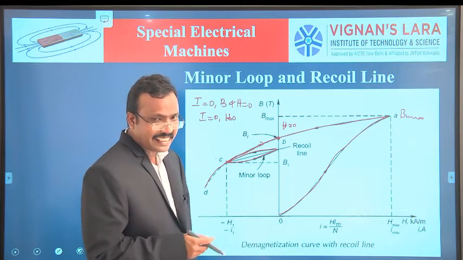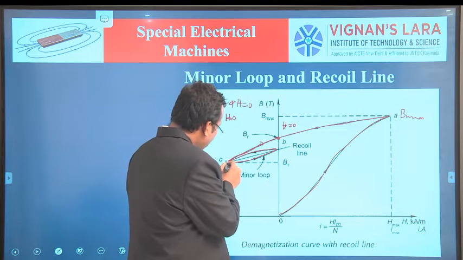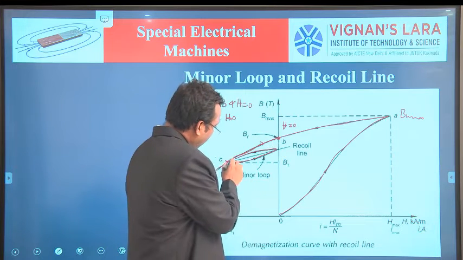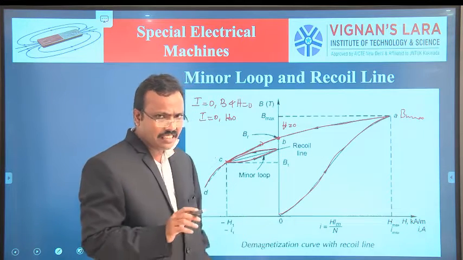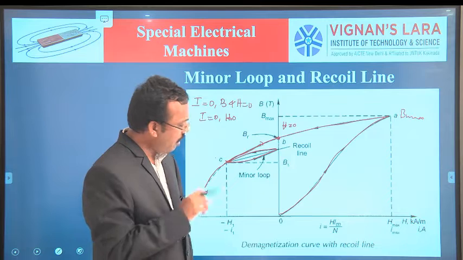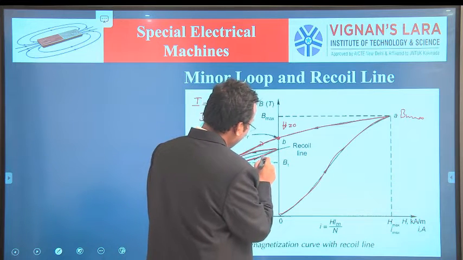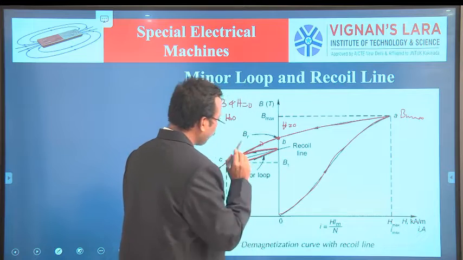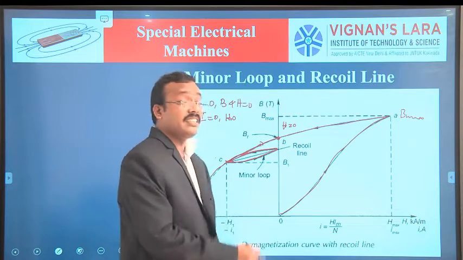While decreasing the current from the point C to B, the line should follow path C to B, but it does not follow that path. It will follow like this and generate a closed loop. This loop is called the minor hysteresis loop.